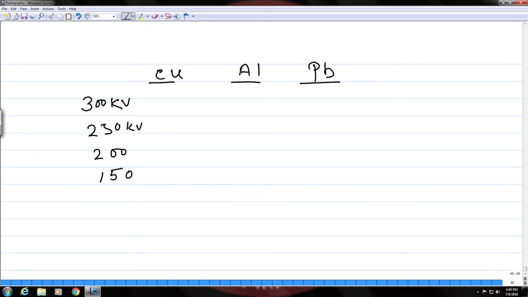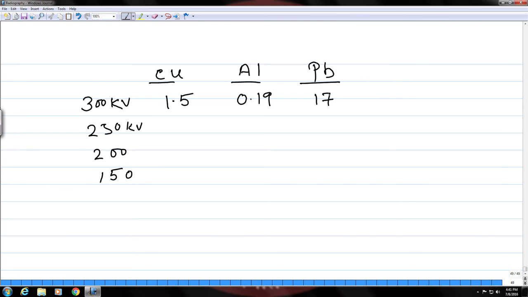So, for 300 kilovolt, for example, for copper, the conversion factor would be 1.5. Okay. Similarly, for aluminum it is 0.19, and for lead it is 17.